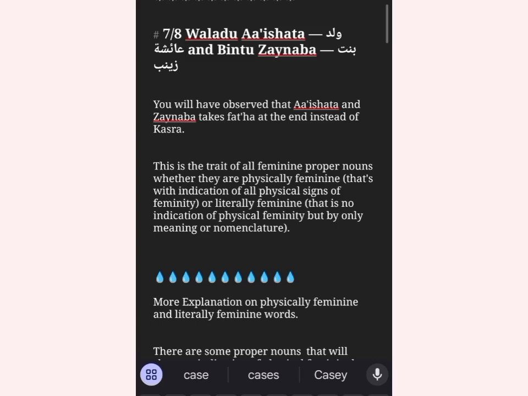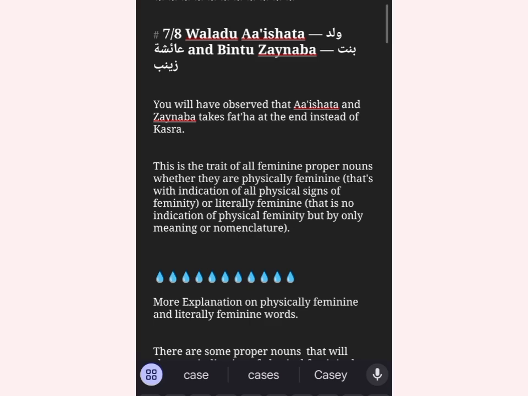So we call this set of feminine nouns mu'annath ma'nawi, feminine by meaning. They are feminine by meaning actually, but physically they are not feminine.